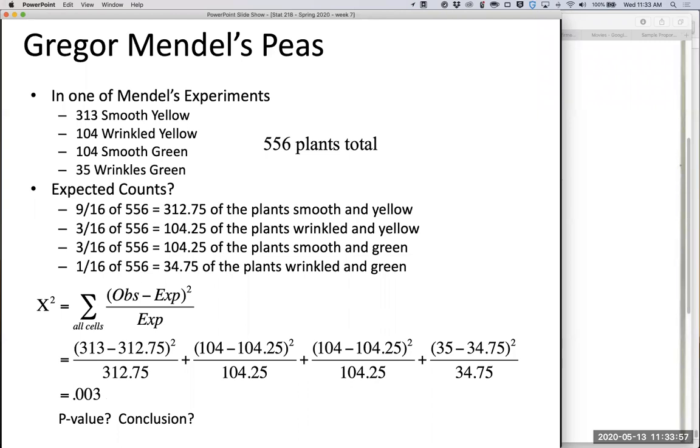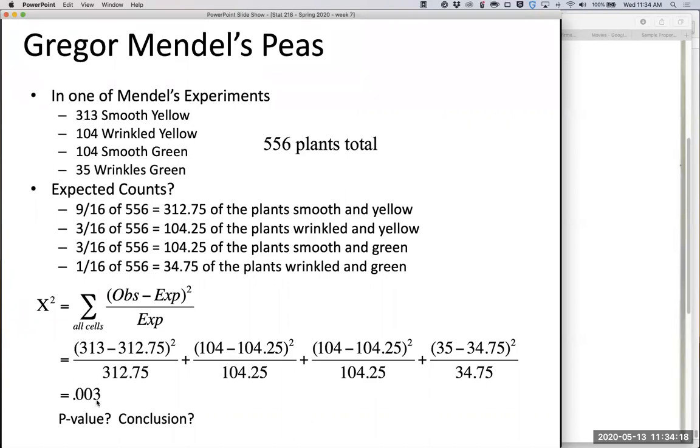By the way, whenever I see a chi-square value that is exceptionally small, like this one, I always double check to make sure I didn't have a parenthesis around the difference and then the division before I square. You square first, then you divide.